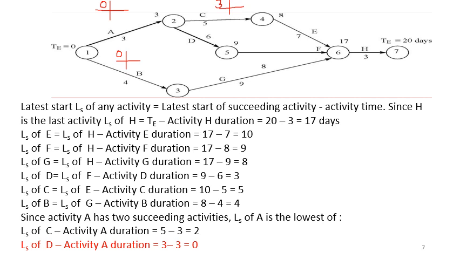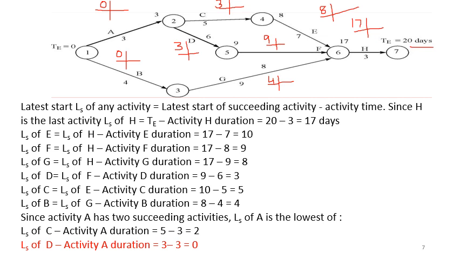For D also it was 3. For G it was 4. For F it was 9. For E earliest start was 8. And for H we had 3 values, 15, 17 and 13. So the highest of these you have to take, so 17.